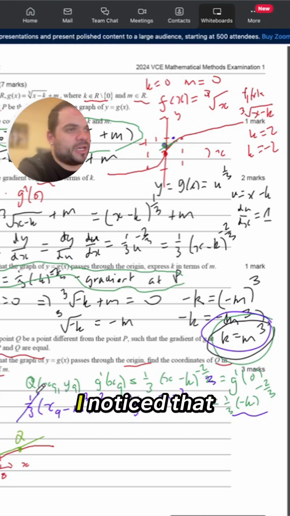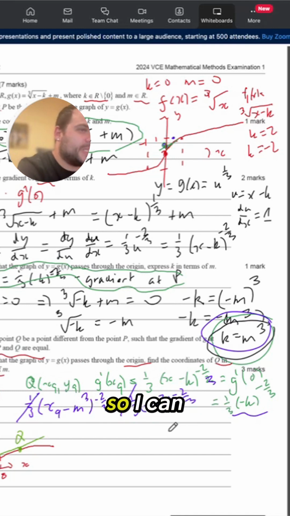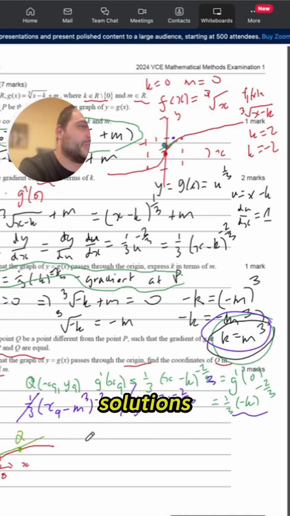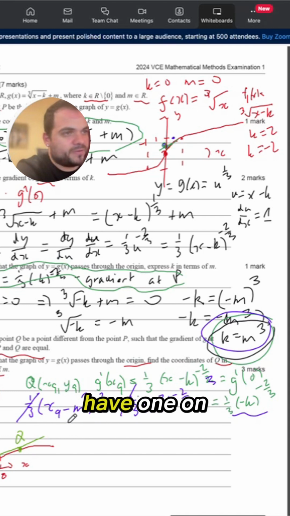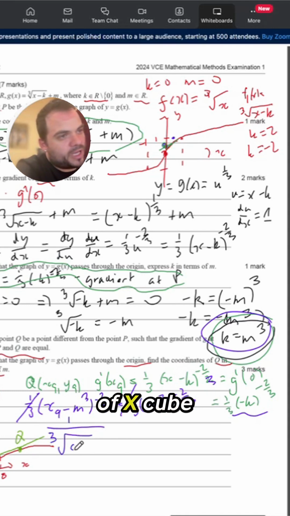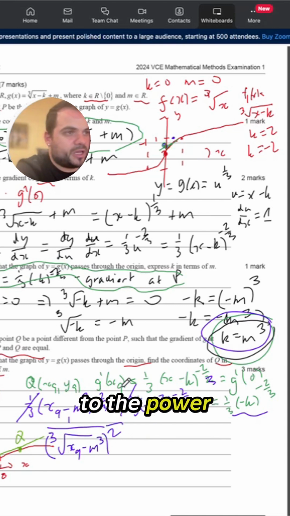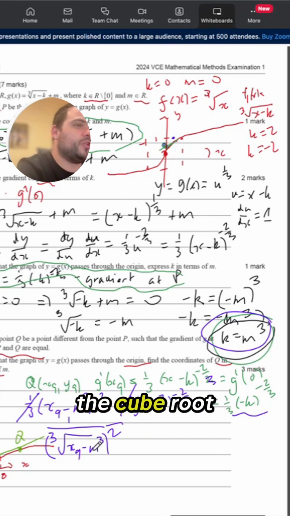Just before I do that, I notice that I've got a factor of 1/3 on each side. So I can multiply both sides by 3 and get the same solutions. So now I have 1 over the cubed root of (x cubed minus m cubed) to the power of 2. So that's to the power of negative 2/3, 1 divided by the cubed root of my thing squared.